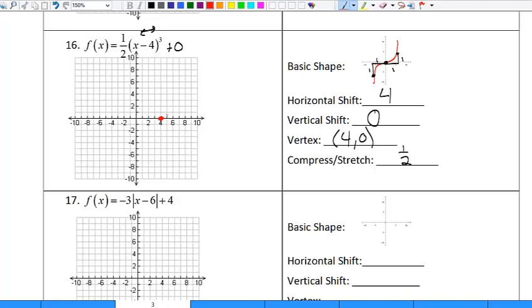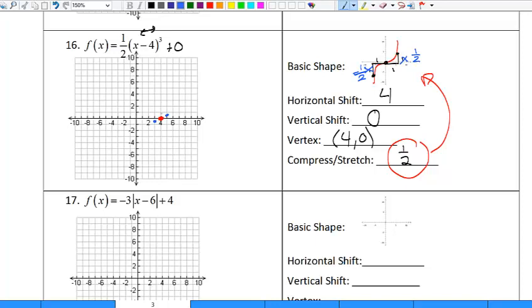and then I need to go, because we have a half here, that means all of my vertical stretches and compresses, instead of going right 1 and up a whole, I'm only going to go up a half. And instead of left 1 and down 1, I'm going to go left 1 and down a half. Okay? So I go right 1 and up a half, and then I go left 1 and down a half.